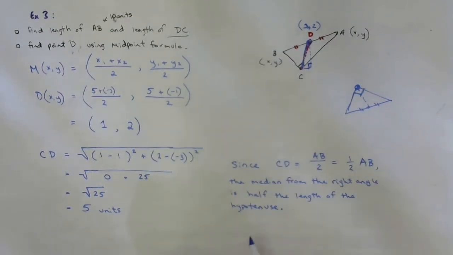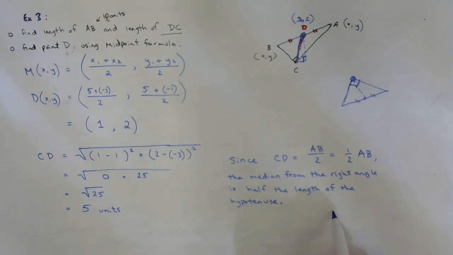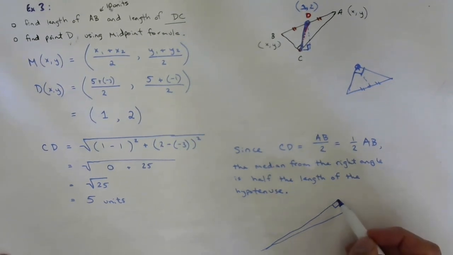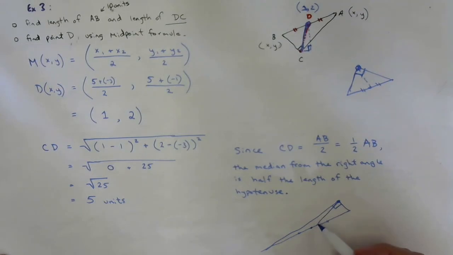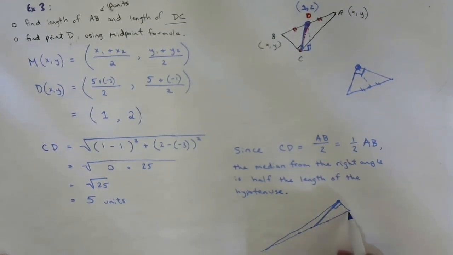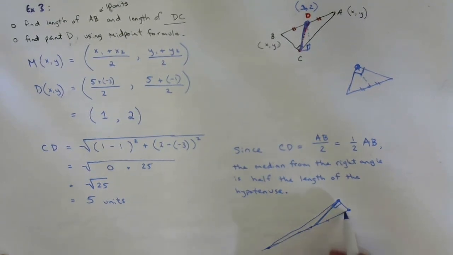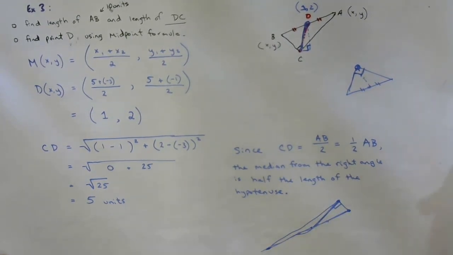No matter how big, no matter how small, no matter how stretched that right triangle is, if it's a right triangle, then the median from the right angle will be half the length of the hypotenuse.